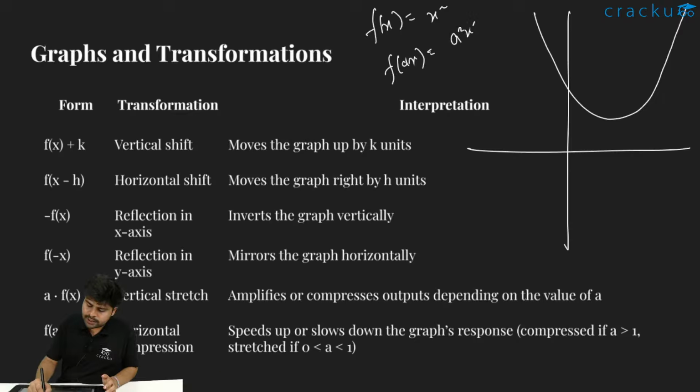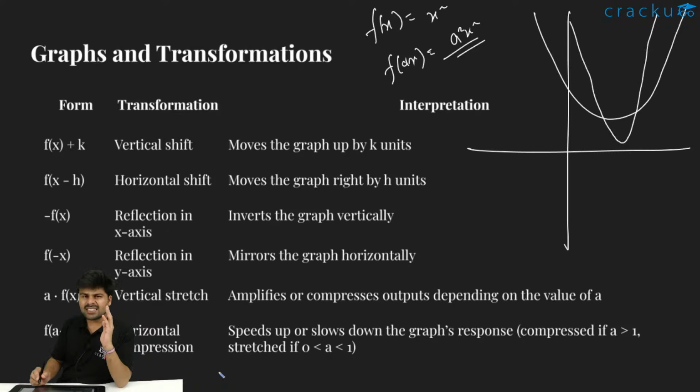It will be a square x square. So the output is suddenly increased for the same value of x if a is greater than 1. The new graph will be something like this, because it will increase very rapidly, because you have multiplied by a number that is greater than 1. So it will be squeezed.